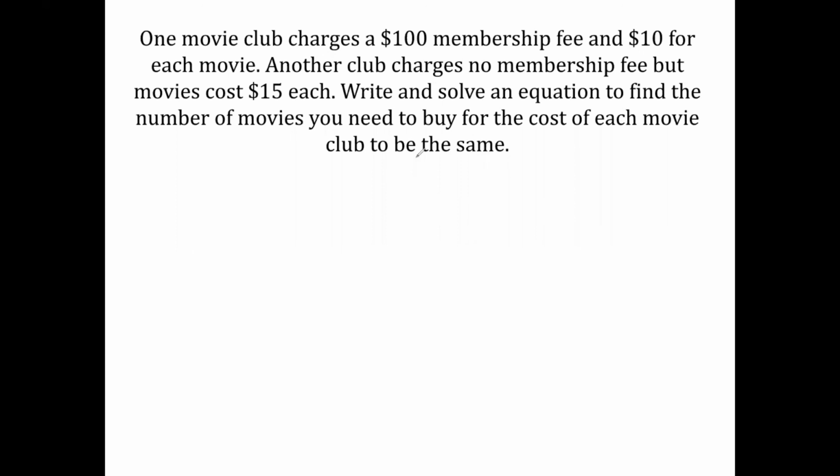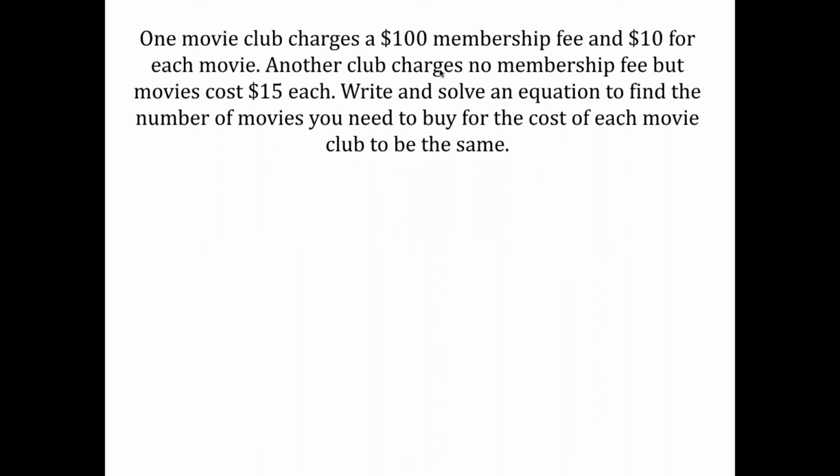Now, the key to writing this equation is to look for keywords, in this case, "be the same." "Be the same" indicates that these expressions should be equal to one another. So we'll go ahead and set these equal to one another to create an equation with variables on both sides.